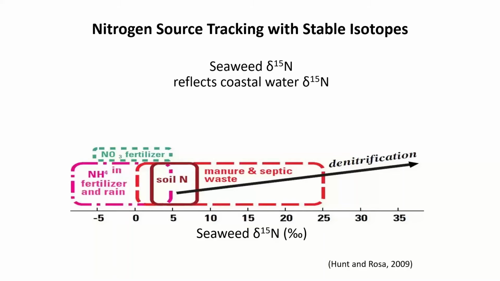And we can use this, for instance, in this way. Say we are collecting seaweed off the rocks on Maui, and we take the alga, dry it, and send it into the lab, and we get a value back of about, let's say, 3 here, as I'm showing with my arrow. The source is ambiguous at this point. It could be fertilizer, it could be soil nitrogen.